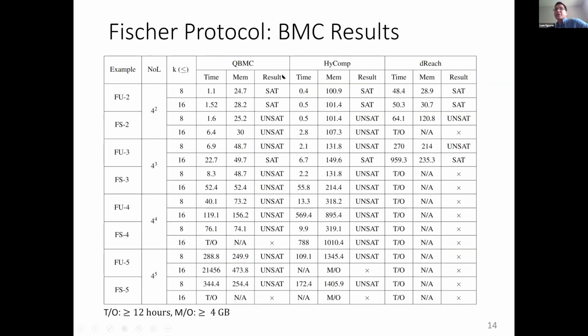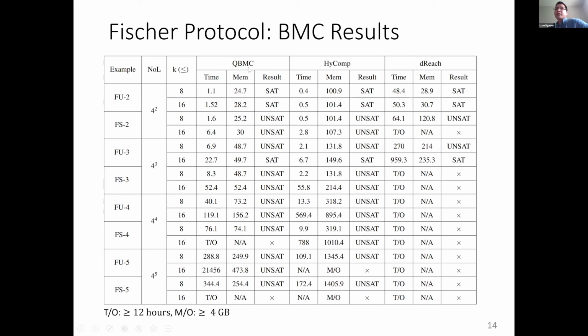This shows our results for performing bounded checking on the Fisher protocol, compared with the different tools. We examine the Fisher protocol with up to 5 different processes, so the number of locations is 4 to the power of 5, a huge state space.